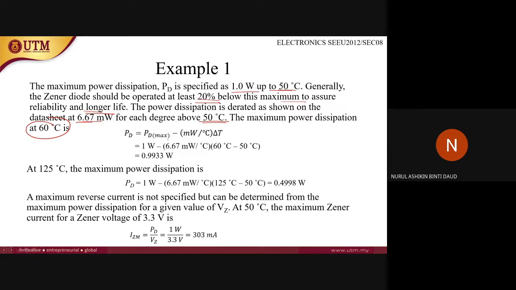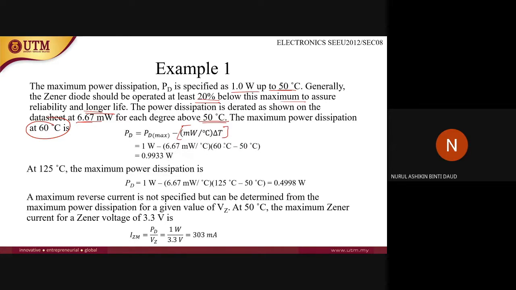What is the power dissipation? 1 watt, the maximum value, minus the derating value 6.67 milliwatt times the change in degrees, 60 minus 50.